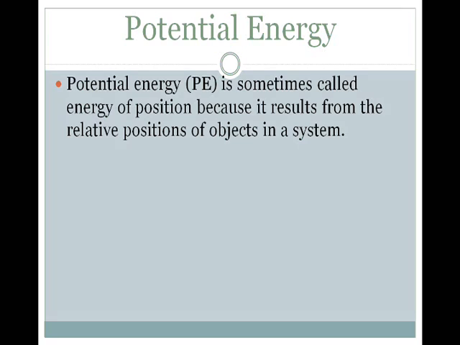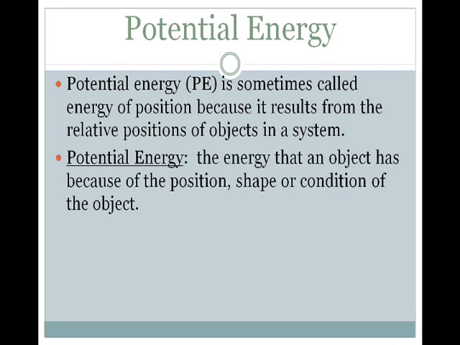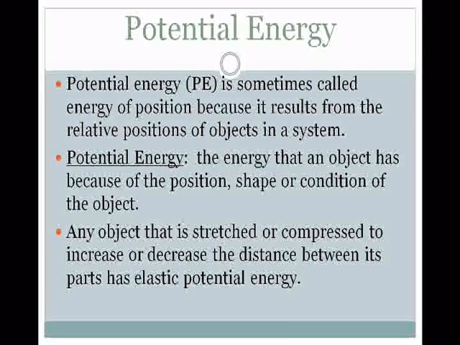Potential energy is sometimes called energy of position because it results from the relative positions of objects in a system. For example, this is the definition: potential energy is the energy that an object has because of the position, shape, or condition of the object.